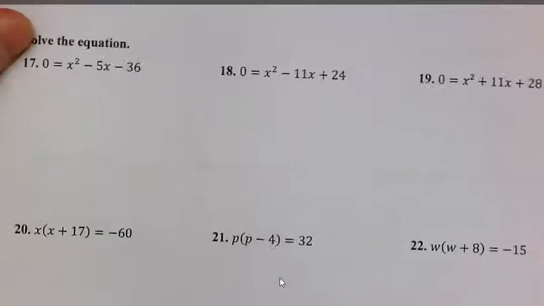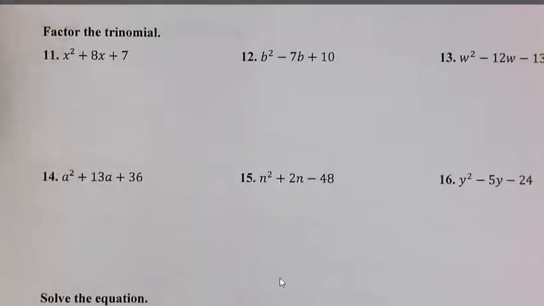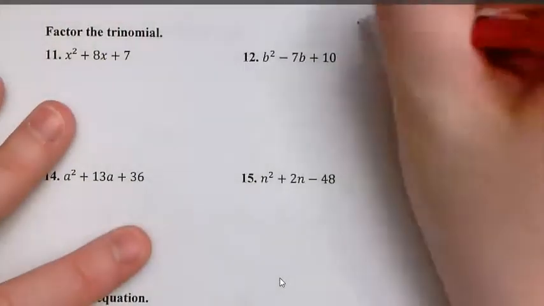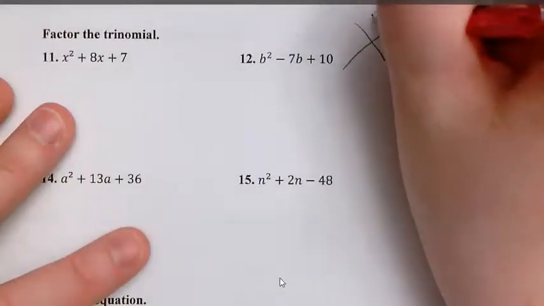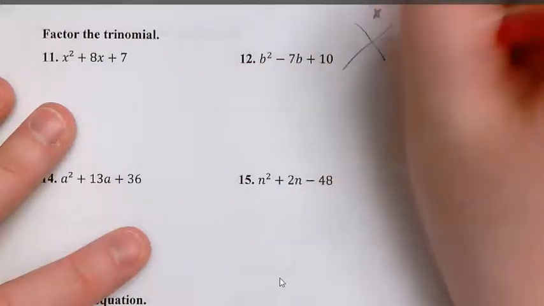So now moving on to factoring. What we're going to do is we're going to first start with number 12. I'm going to use the broker's method instead of the box method on this one. Magic X that I was talking about in the other video is the first and last term times each other.